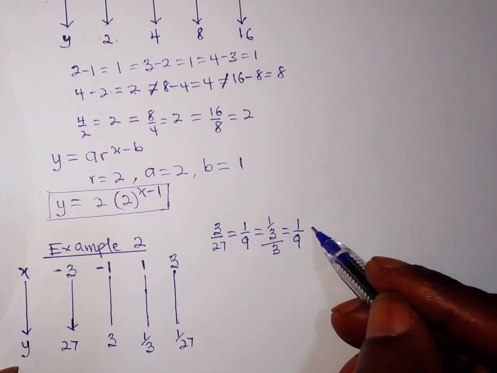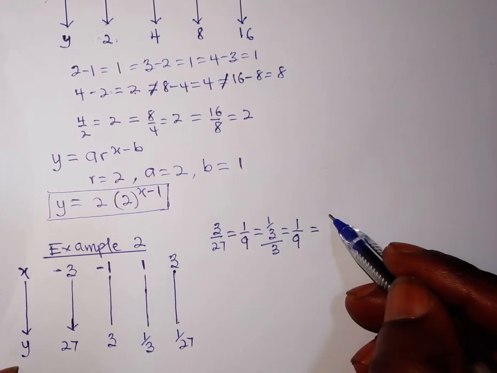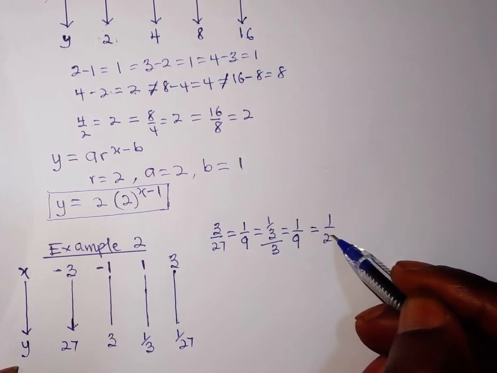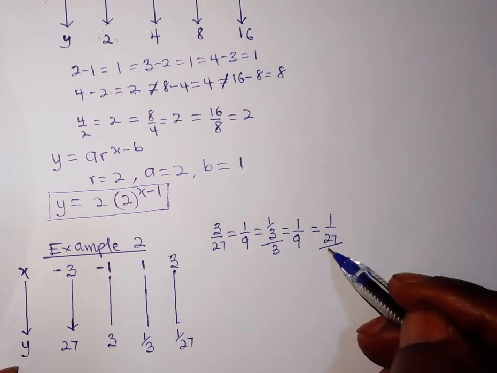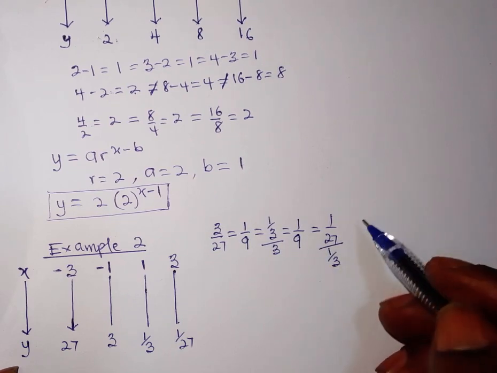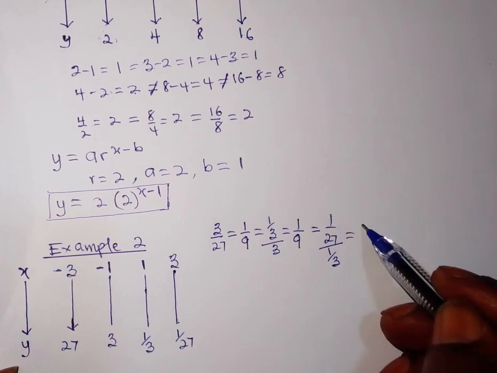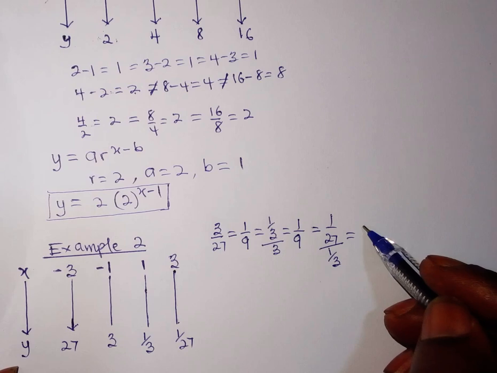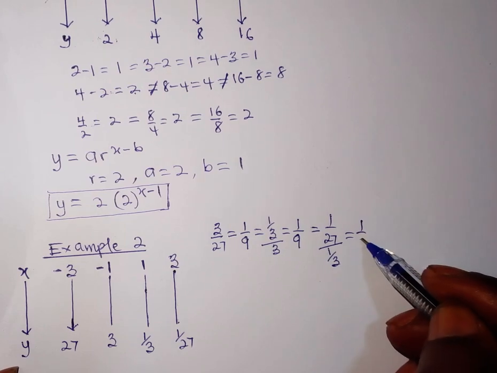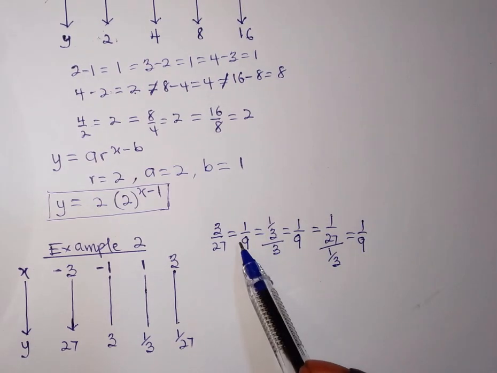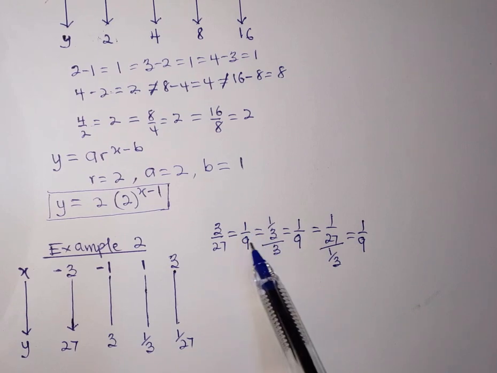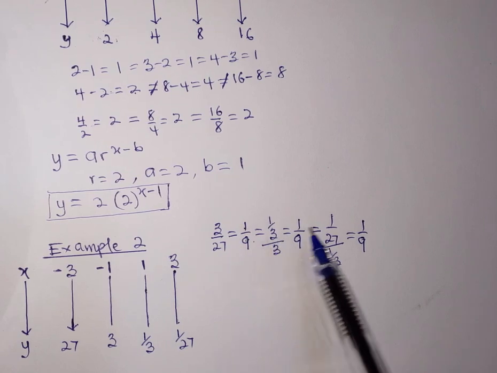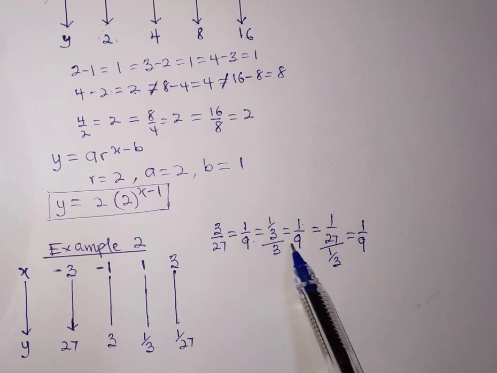What about if I divide 1 on 27 by 1 on 3? Is it also going to give me 1 on 9? Yes, if I reciprocate it, I'm definitely going to get 1 on 9. Good. So we are also getting a common ratio, and that becomes our R. We are getting 1 on 9, 1 on 9, 1 on 9. So this is the common ratio we have.